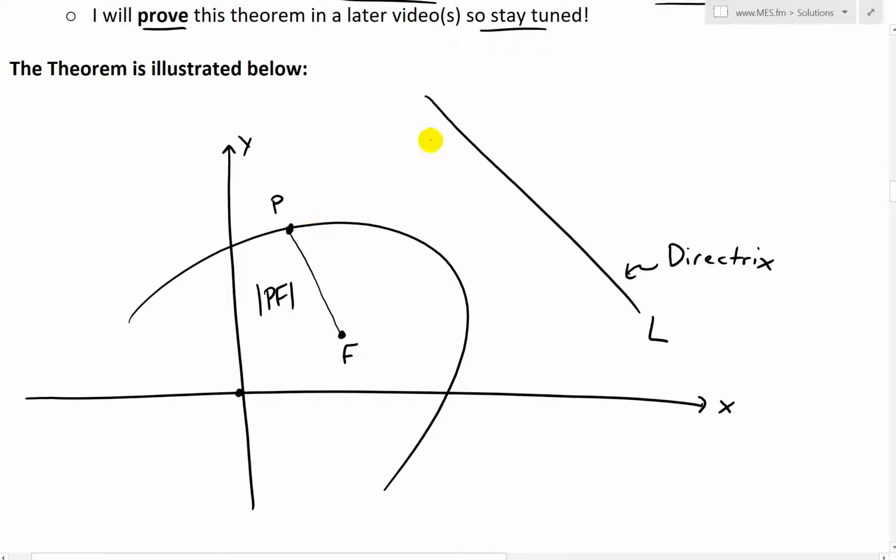And then from P to this line, the closest distance is going to be the perpendicular, like that. This is our PL, because that line is L. So the distance PL. Basically the eccentricity is the ratio of the distance to the focus, so E equals PF over the distance to the line, PL.